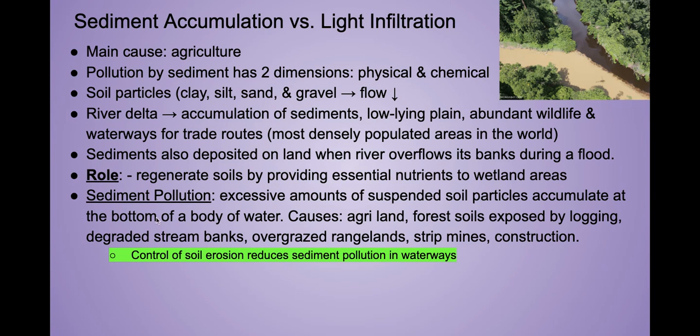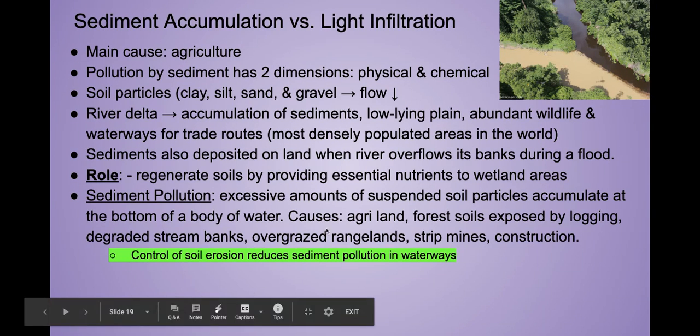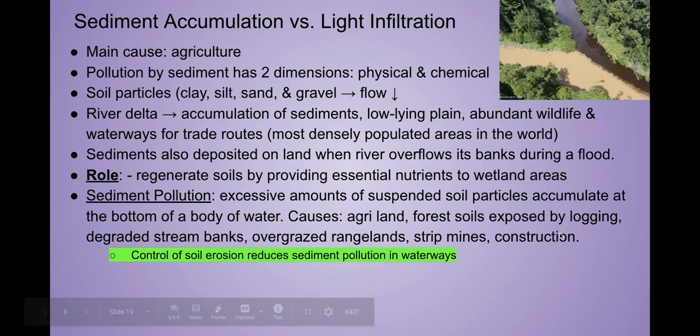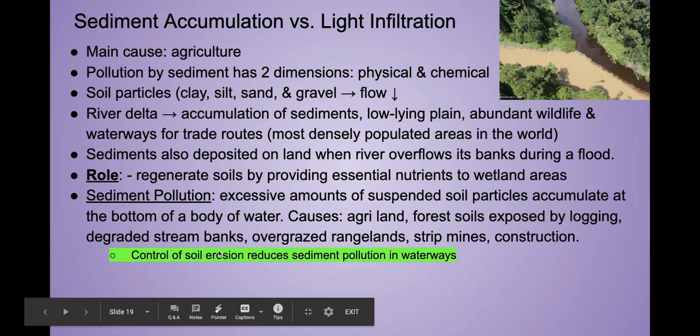However, we have this pollution because we have excessive amounts. Because of those excessive amounts of particles that accumulate, they will cause floods, for example, or an extra nutrient level at those places. The causes again come from agricultural land, from forest soil exposed by logging, from graded stream banks, or any of the other options over here.